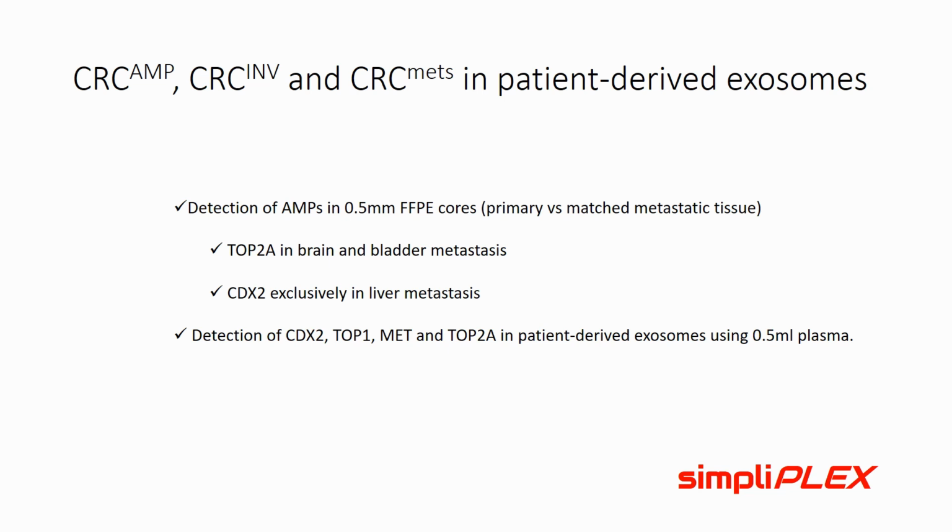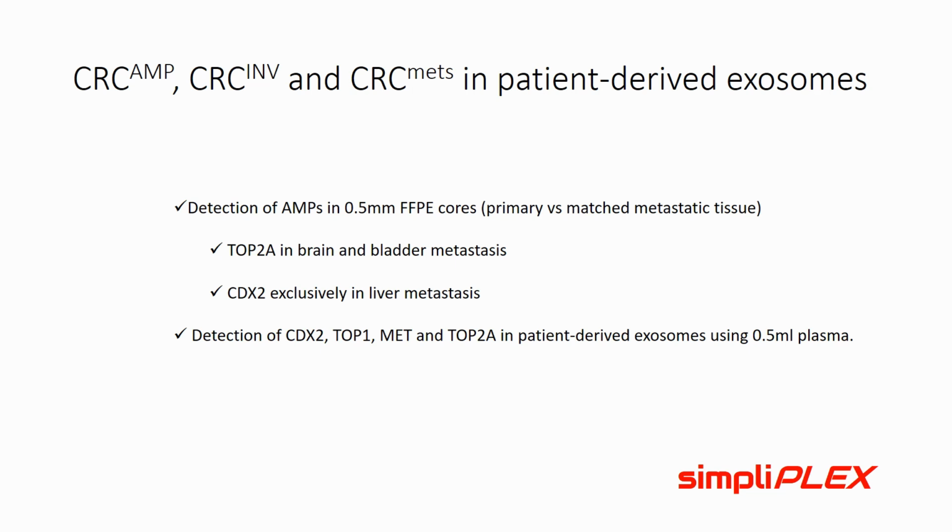But of interest, we managed to detect these particular 4 gene amplifications in some of our patient-derived exosomes using only 0.5 mL of plasma. And this is an effort between our university and Omnigene, in which we are setting up this simpleplex assay to isolate these exosomes and read them from patient plasma in CRC.